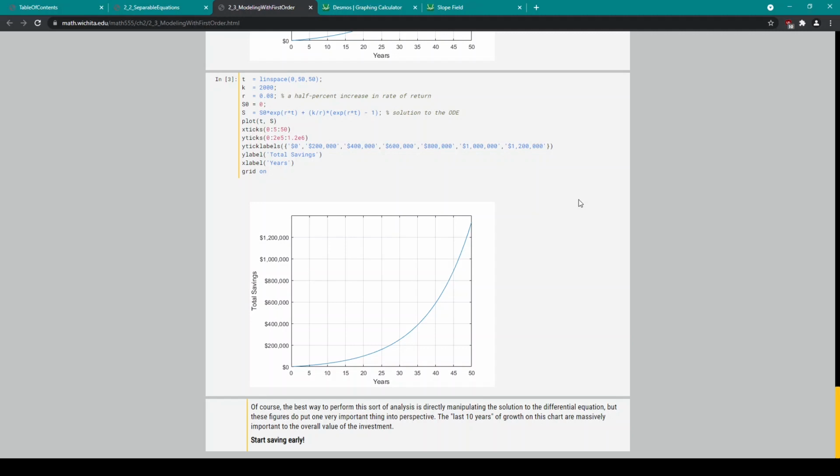It helps if you can save more money per year. But the main thing is how long can you wait before you have to start drawing on this? Or how long can you allow it to go? Because essentially what happens is that there's a time scale on which the amount of money doubles. So if we look at what's going on here, we look at the time it takes us to get from zero to $200,000.